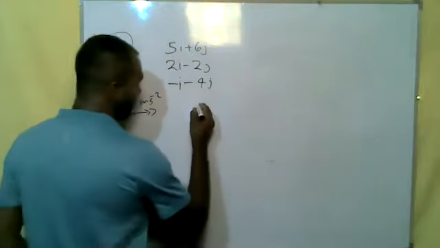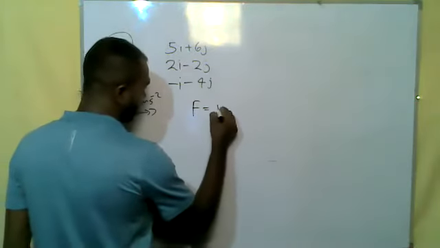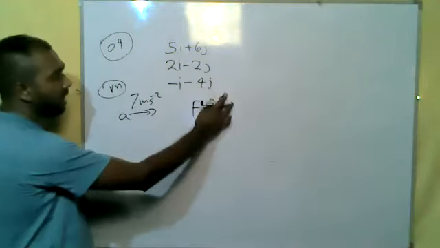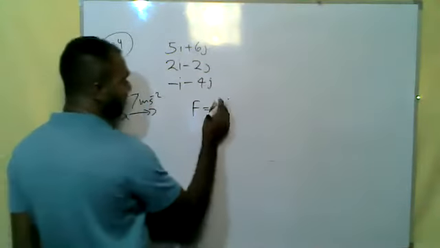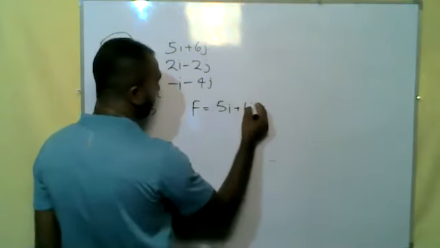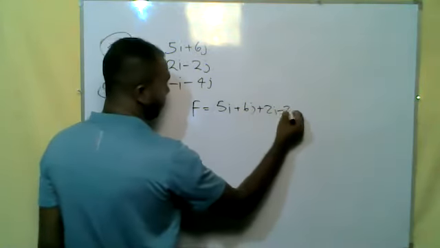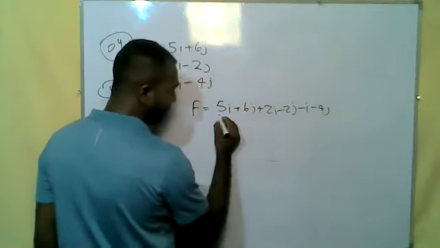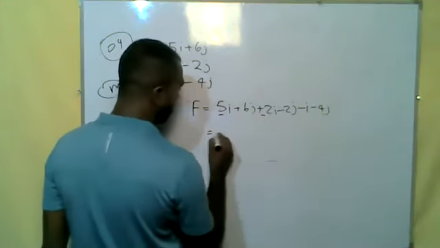What is the resultant force here? Force should be equal to the sum of these 3 forces, so easily we can get the vector sum, no? 5i plus 6j, 2i minus 2j, minus i minus 4j. What are the i components? 5, 2 and minus 1, so we get 6i.